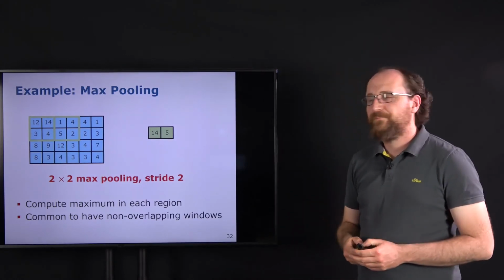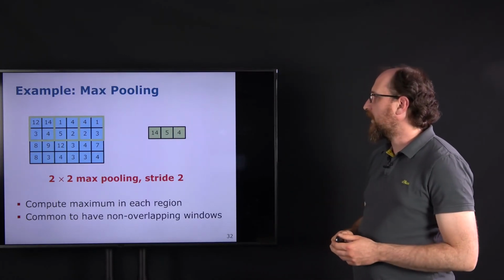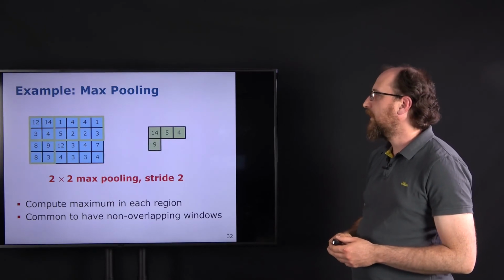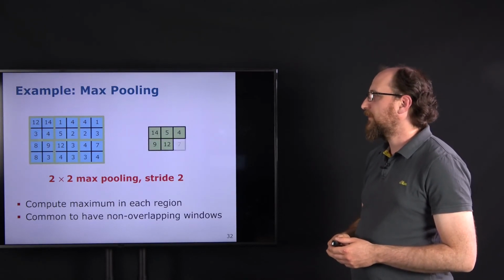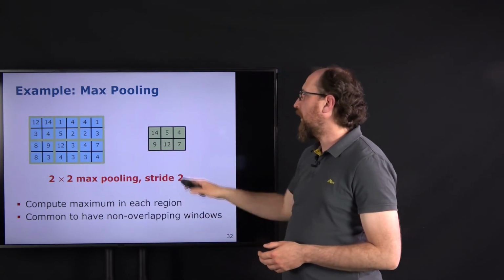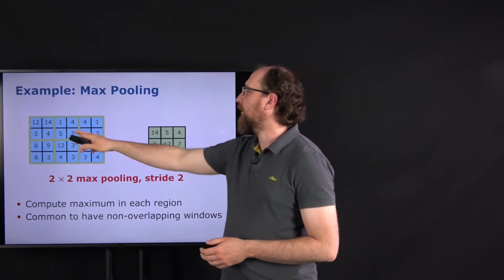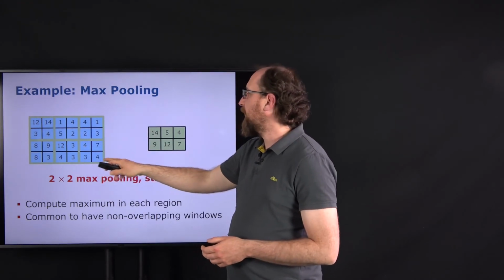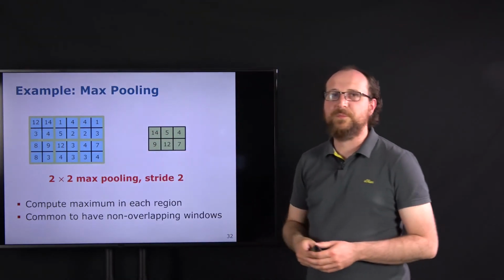And we can now move on, and as you can see, this reduces effectively the size of this feature map to this half feature map. So we have now here 6 by 4 pixels, and here we have now 3 by 2 pixels in the end.